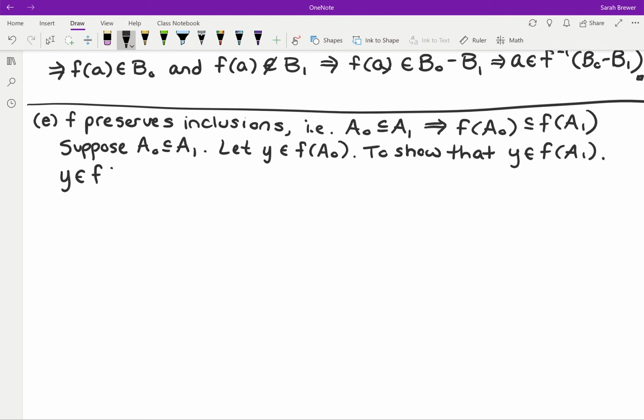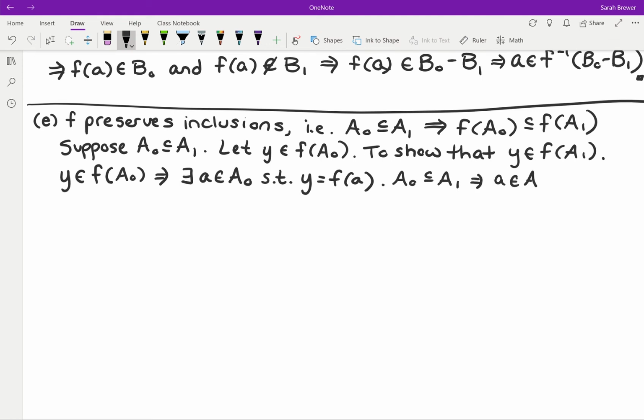If y is in f of A0, then we know that there's some element a in A0 such that y is equal to f of a. That's what it means to be in the image set. But since A0 is a subset of A1, we know that a is in A1.